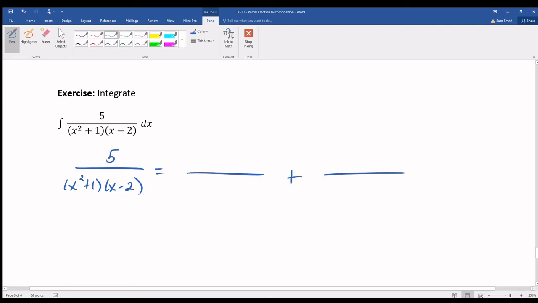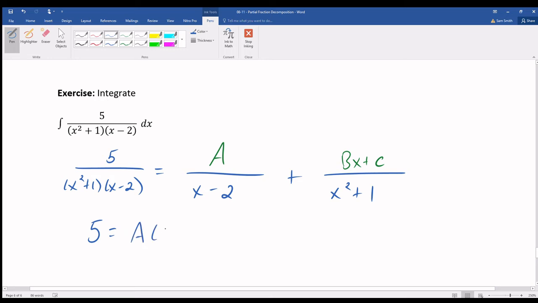Now x minus 2, being of degree 1, will need a degree 0 quantity above it. And x squared plus 1, being of degree 2, will need a degree 1 quantity above it, so something that's linear.